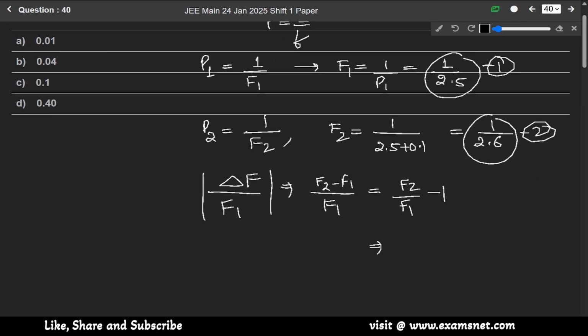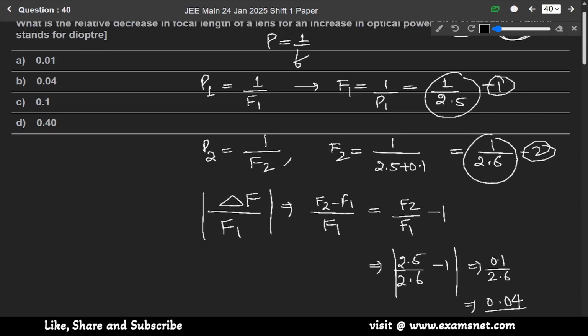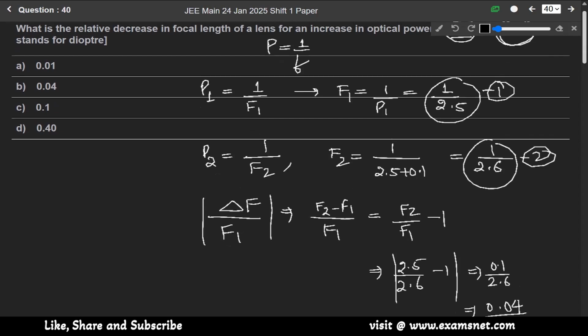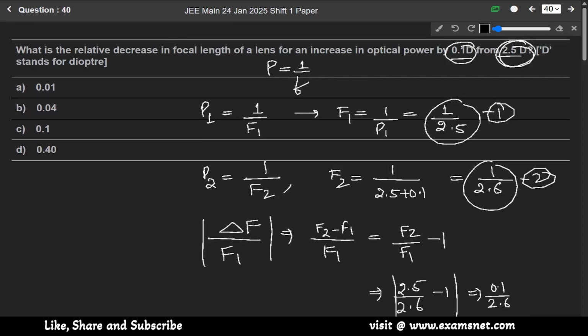So it will be 2.5 over 2.6 minus 1. So it will be 0.1 over 2.6, which is 0.04. Not diopter, it is the change in the focal length. So option B is the correct answer.